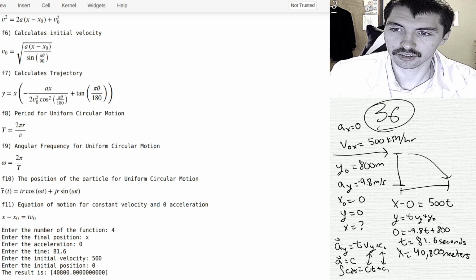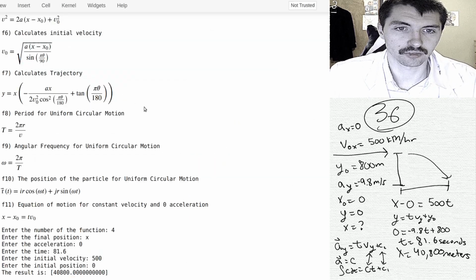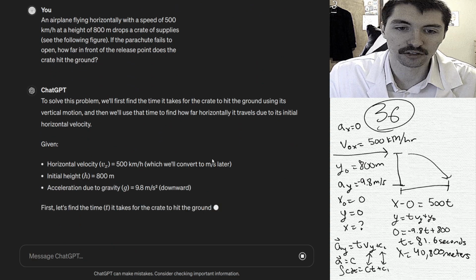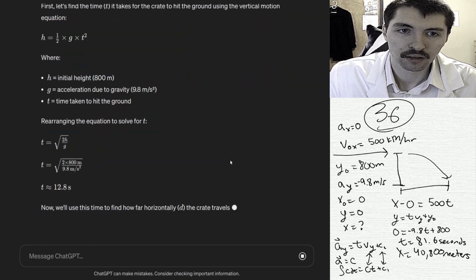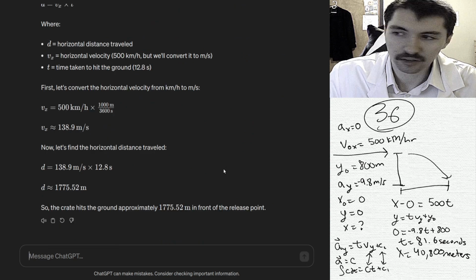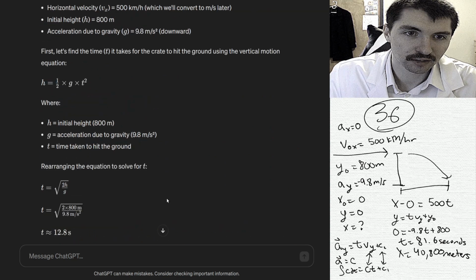Okay, so let's see if we get a second opinion that matches what we just got. And then if it matches, we can be very happy. So looks like they're not getting the same thing. So we're way off. It's really annoying.